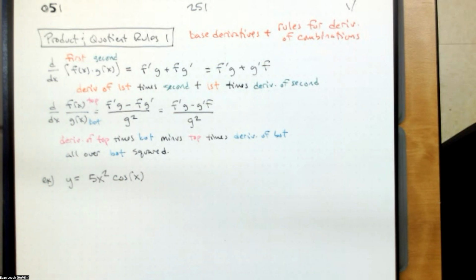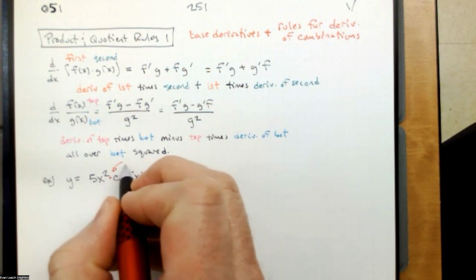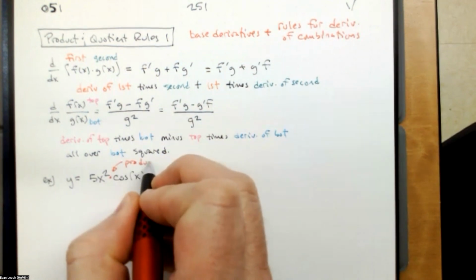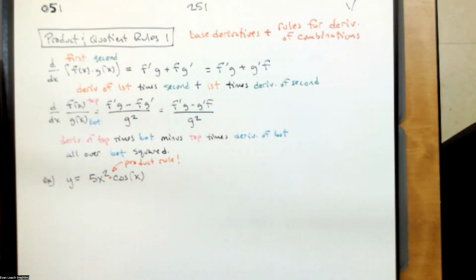I got a 5x squared and I've got a cosine x. I've got these two factors and they're multiplied together. We're trying to find the derivative of a product of these two functions. That tells us to use the product rule. So because this is a product, we're going to use the product rule.